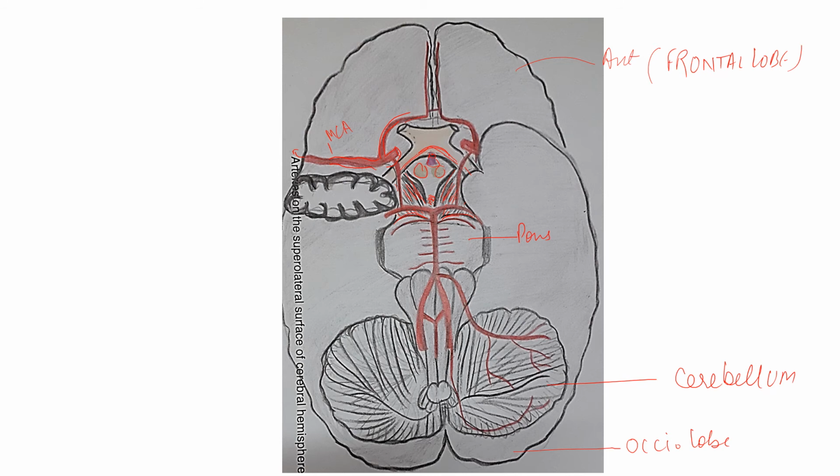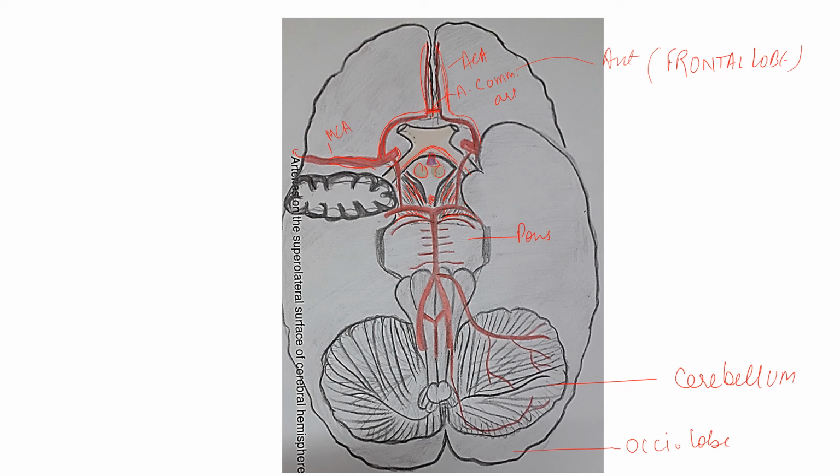It runs anteriorly in the sagittal sulcus of the cerebral hemisphere, and the two anterior cerebral arteries are connected by the anterior communicating artery.